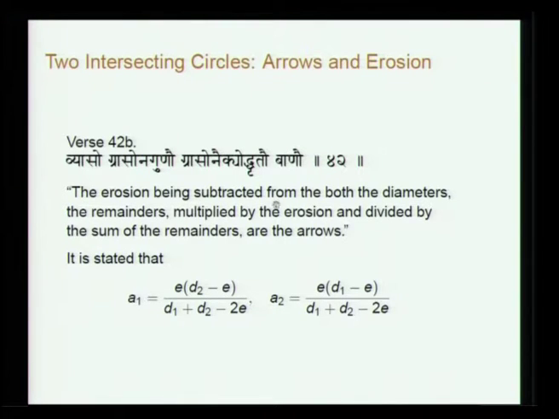The erosion being subtracted from both the diameters, the remainders multiplied by the erosion and divided by the sum of the remainders are the arrows. So the diameters are d1 and d2; you subtract the erosion from these, multiply by the erosion, and divide by the sum of the diameters minus the erosion. So this is the result.